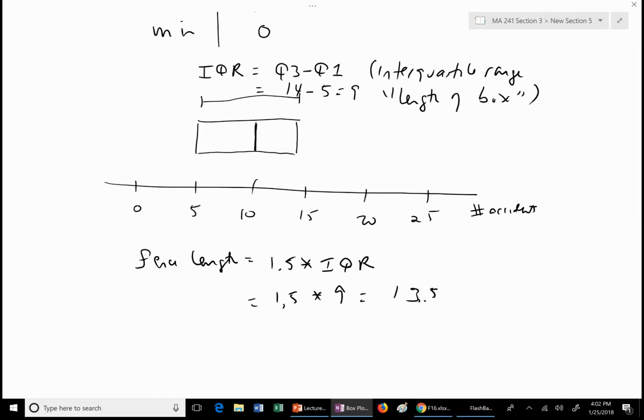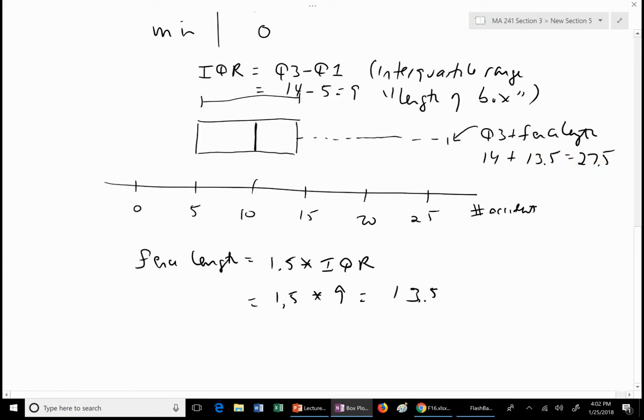So I can go 13.5 on both sides of the box before I'm considered an outlier. So let's go ahead and figure out what those values are, okay? I'm going to put a little dotted line. I'm not going to plot this, but I'm going to put it down here. This value is Q3 plus the fence length, which is, Q3 was 14 plus 13.5 is 27.5.